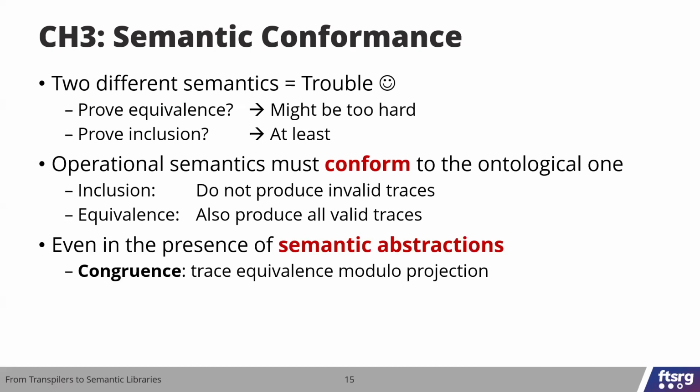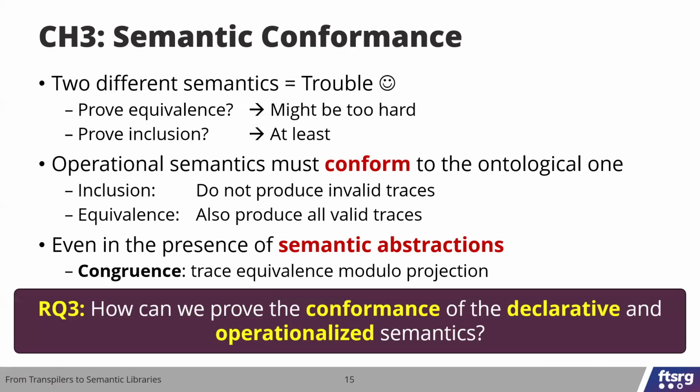And to reiterate, we have to make sure that this works even in the presence of these semantic abstractions, because they hide much of the execution traces that we would have had.